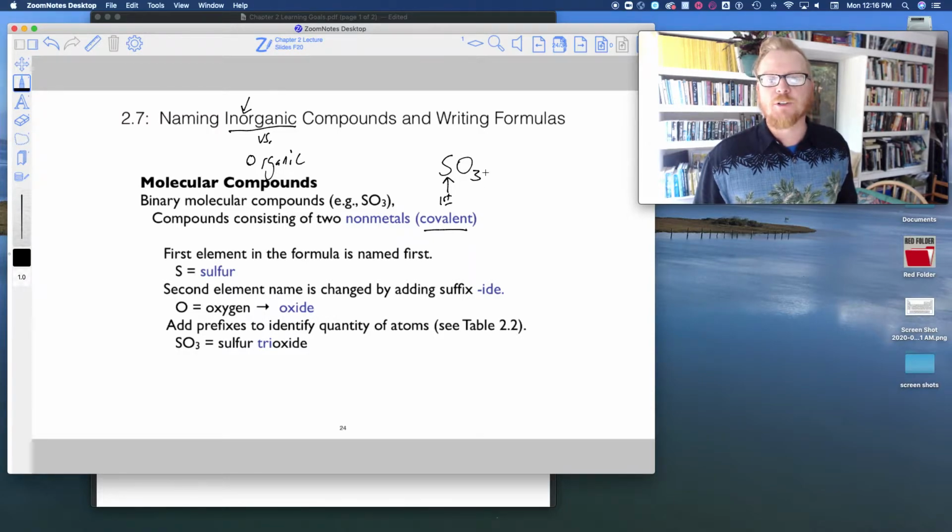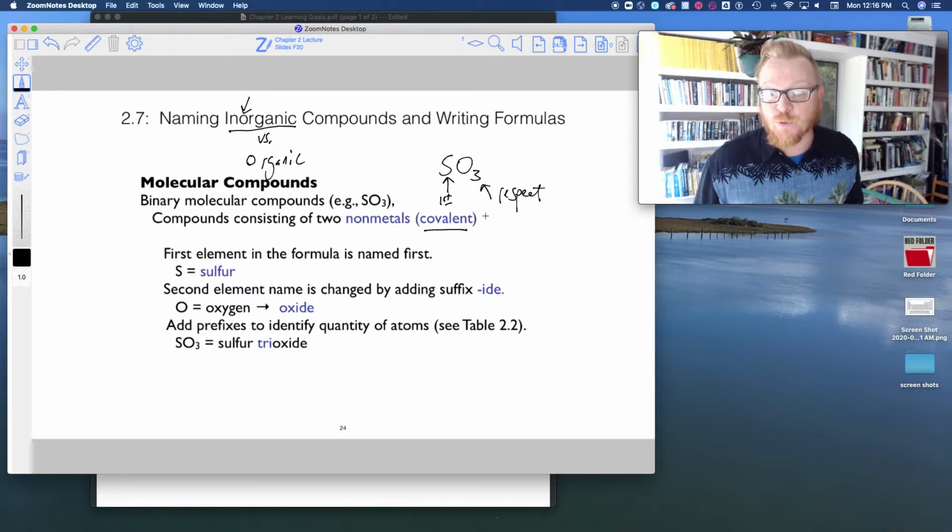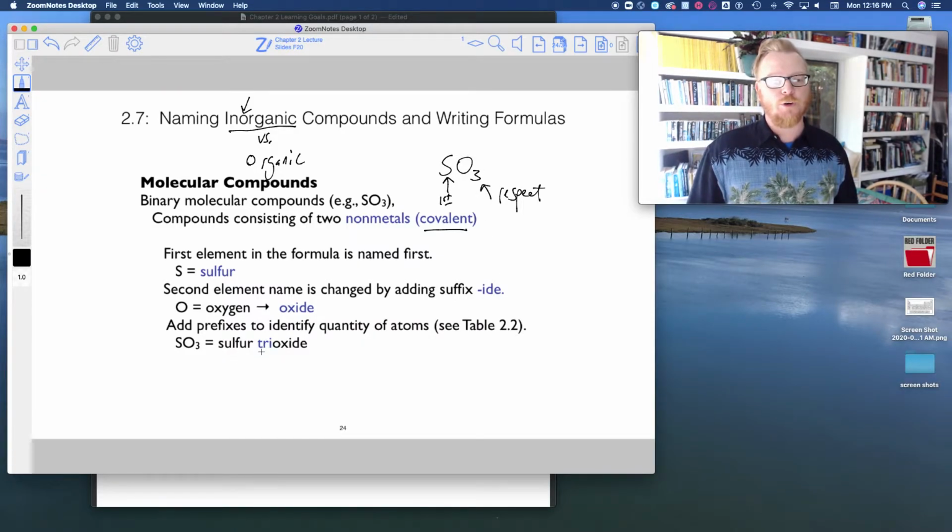And then now we have to look at the quantity. Remember, respect the subscript. We look at the quantity right there, and we use prefixes to identify how many of those atoms are present. So 3 means tri, so it's sulfur trioxide.